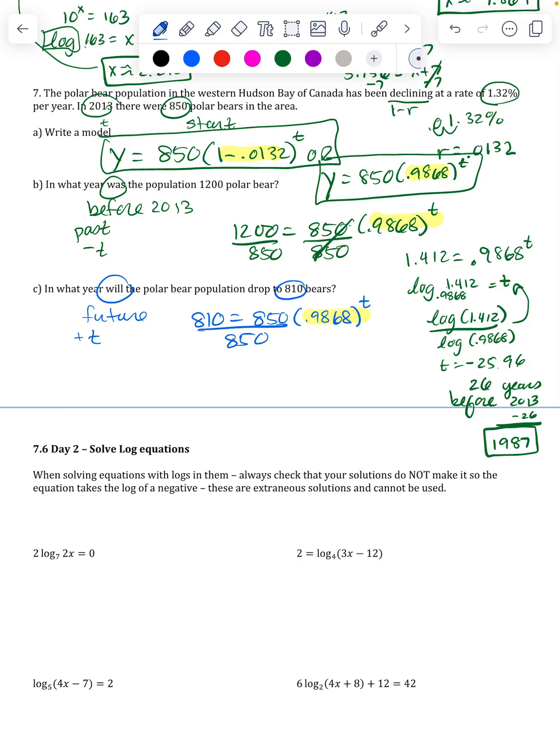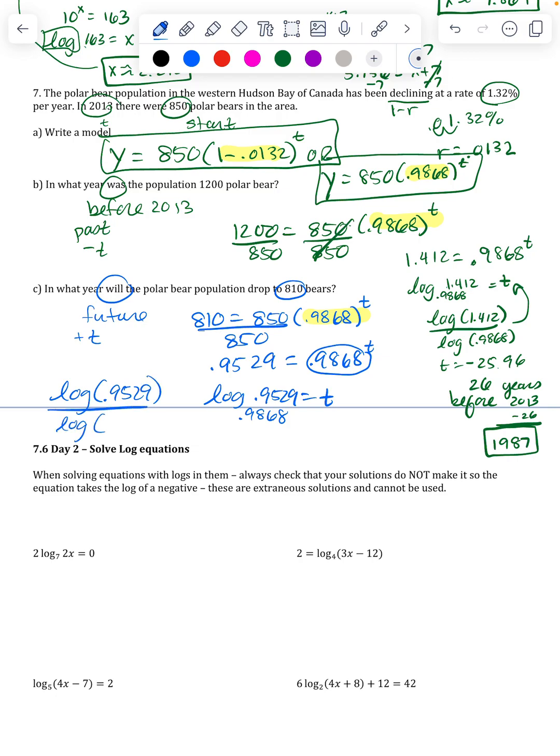When I do that, I'm at 0.9529-ish, and now I'm ready to switch it to a log. So the log has a base of 0.9868, because that is the base thing raised to the power. Power goes by itself over on the right, and then this guy goes in here. So when I go to write that into my calculator, I have that log of the top number, shut that down, and then over the log of that base value.